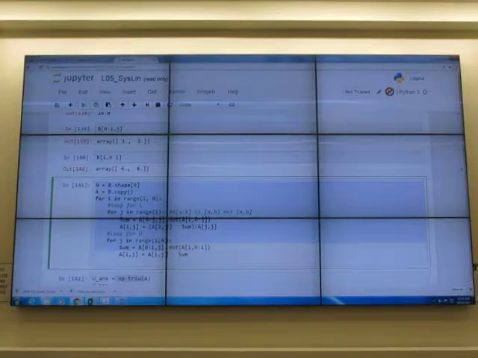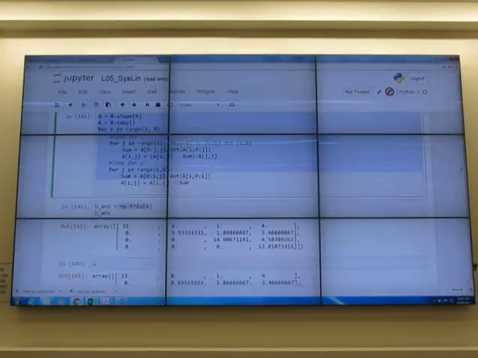So after I know the answer is matrix A, right? The answer is matrix A. So I have to retrieve the U value. To retrieve the U value, I say, okay, np.triu of A.